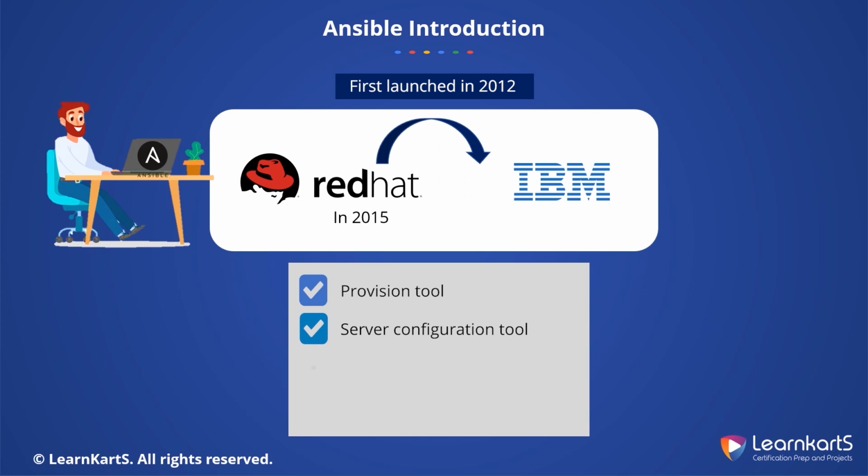Nowadays it's not old school to have only one or two application servers; we have a huge number of application servers. So these tools are really going to help us. It is known as a server configuration and provisioning tool, a software configuration management tool, and ultimately a continuous deployment tool also.